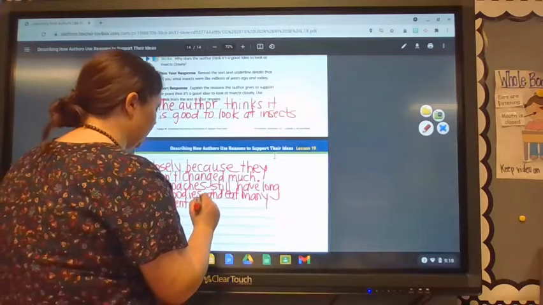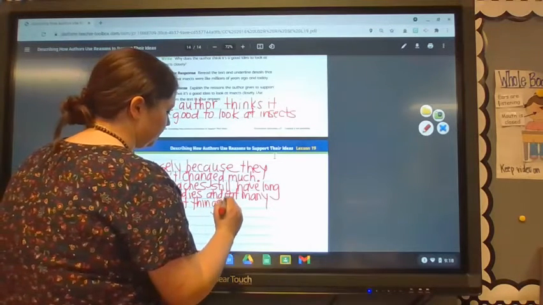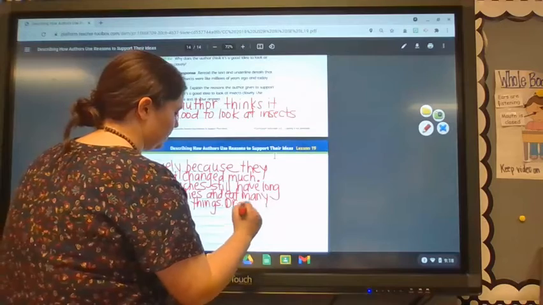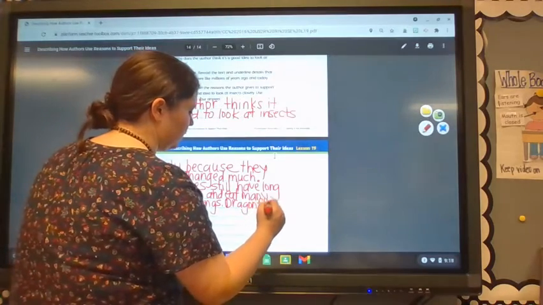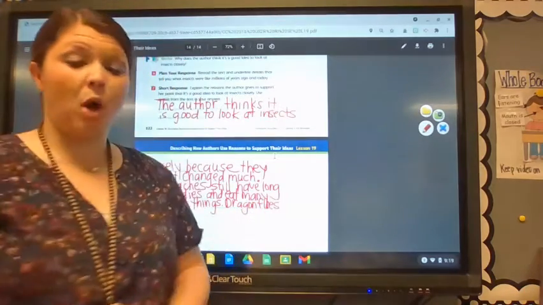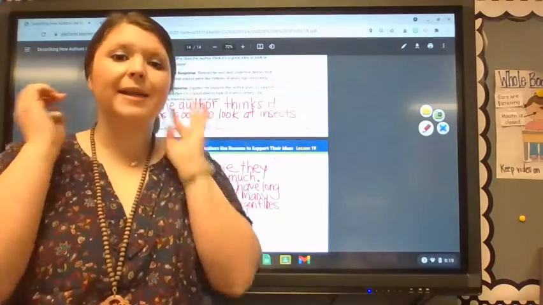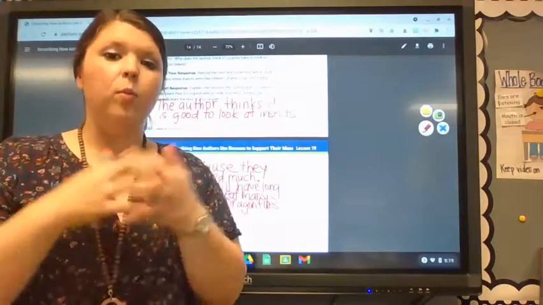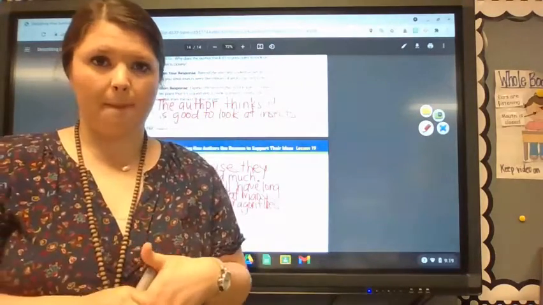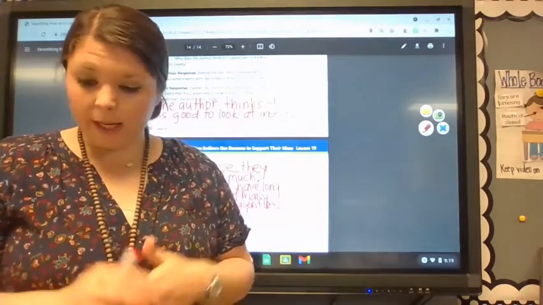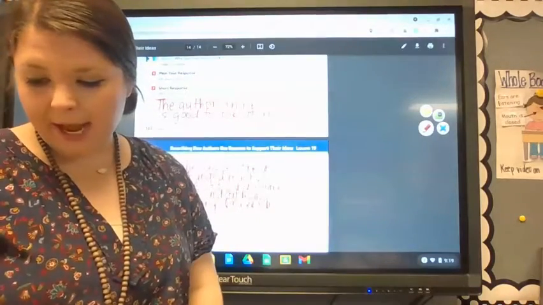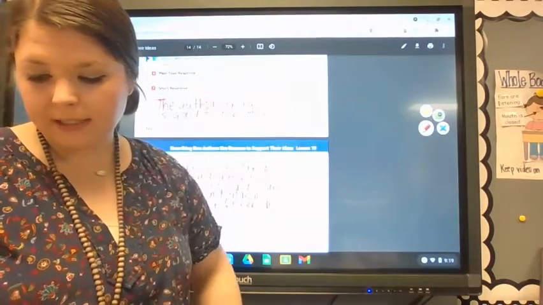All right, now let's think about the dragonflies. Dragonflies have parts that didn't change, but they did have parts that did change. What has stayed the same with the dragonflies? Well, we underlined it in paragraph number 3. They had long, thin bodies and 2 sets of wide wings.